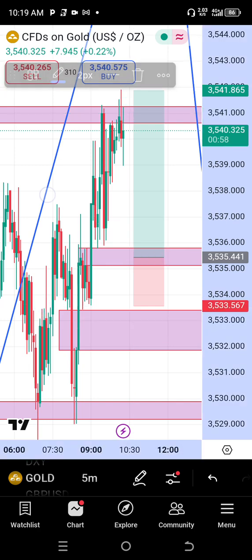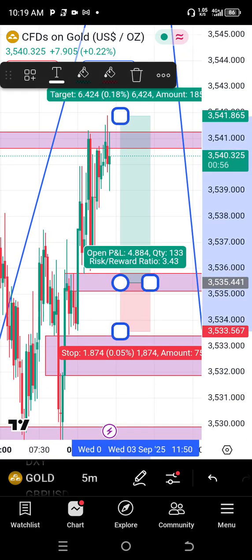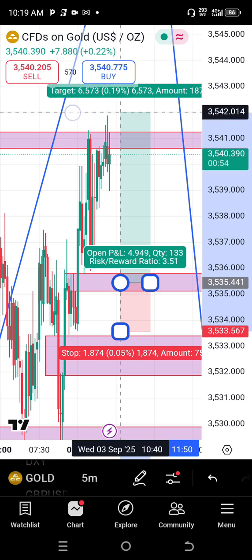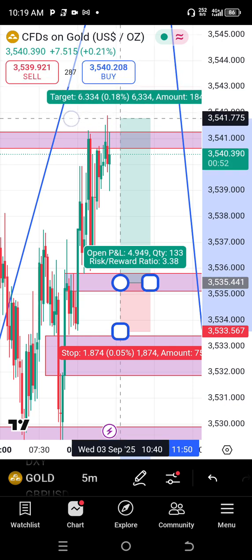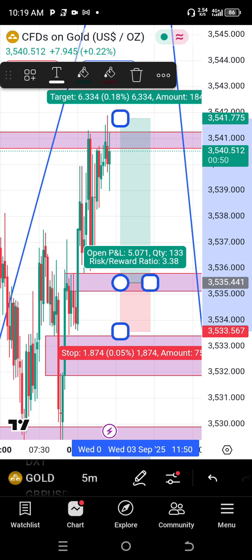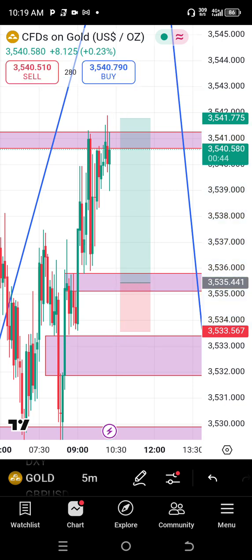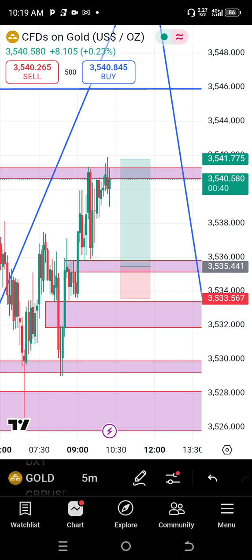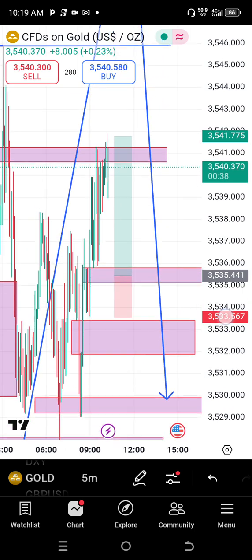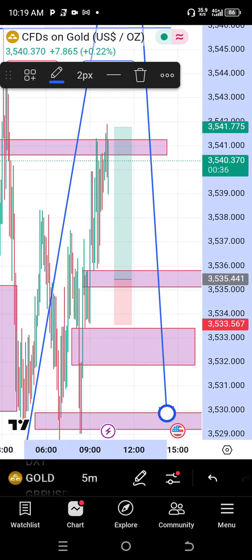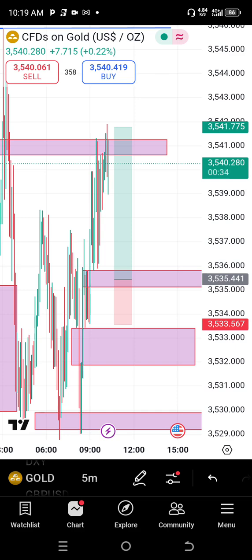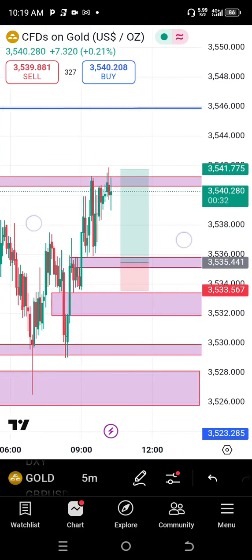And if I take my profits in this area, now what's the risk reward ratio? That's 1 ratio 3.3. That's roughly 1 ratio 3, which is actually not bad. It's actually not bad. So if it actually works, that is going to be a really big win.